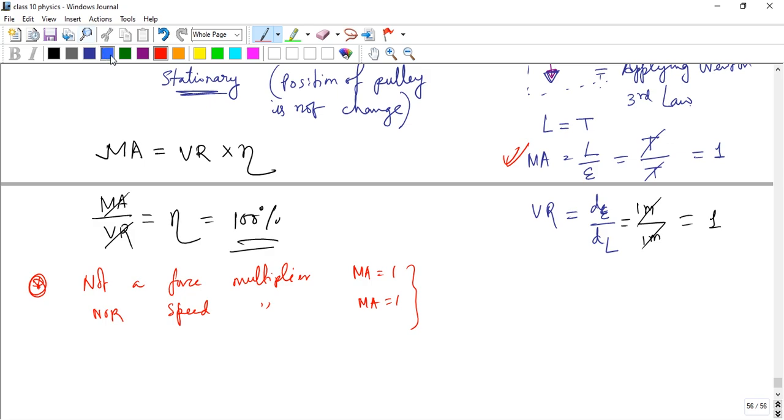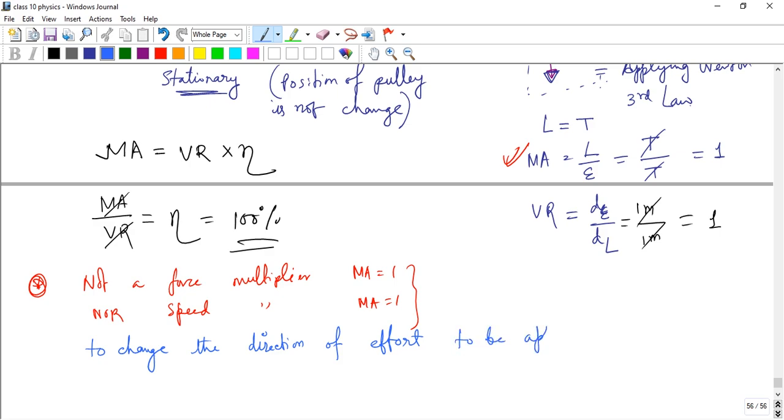So what is the main purpose of using a pulley? To change the direction of the effort to be applied.